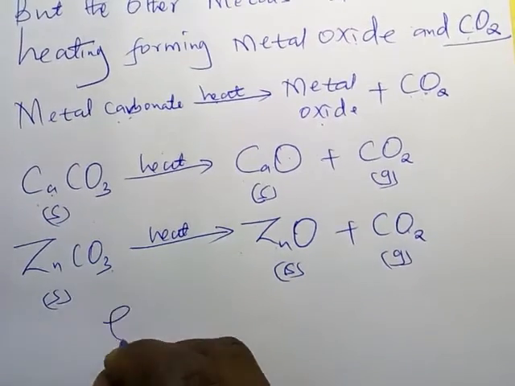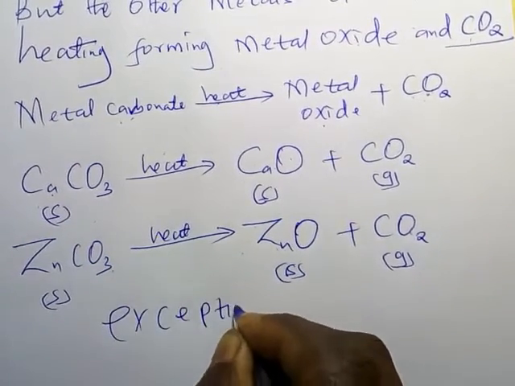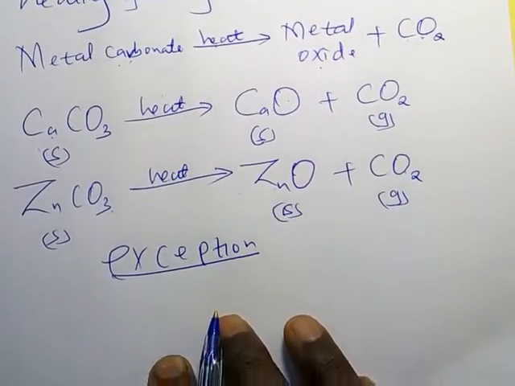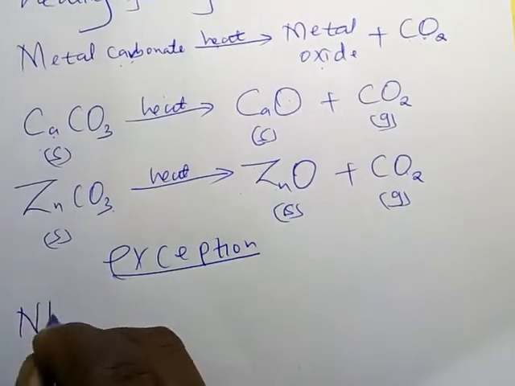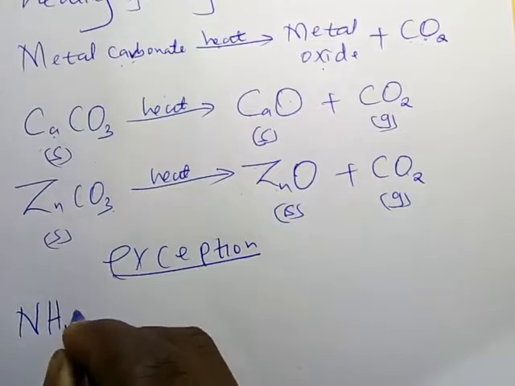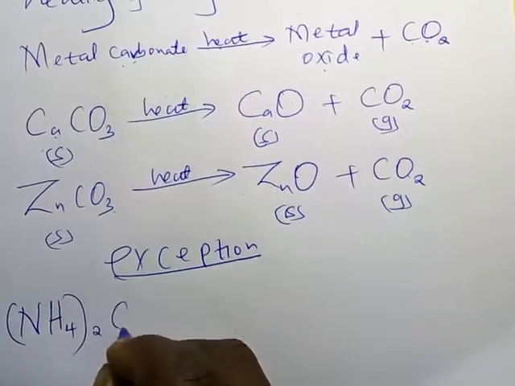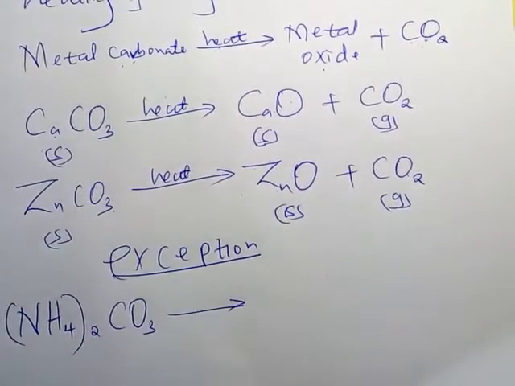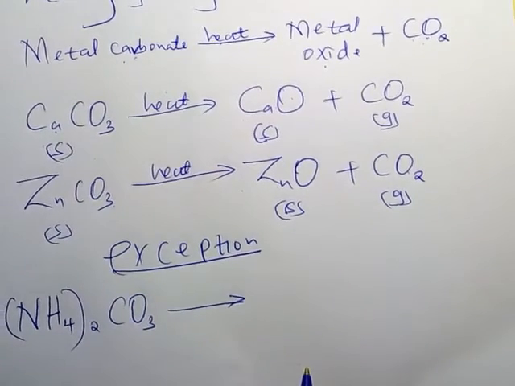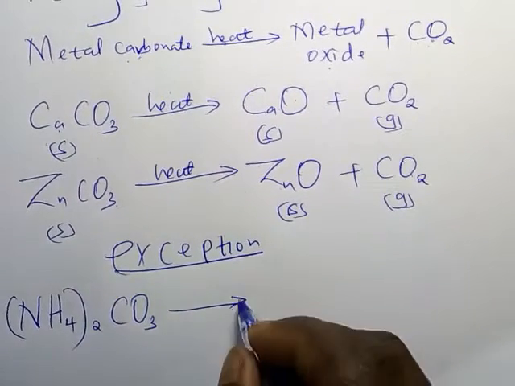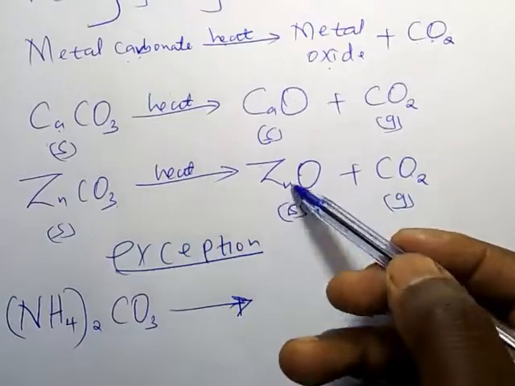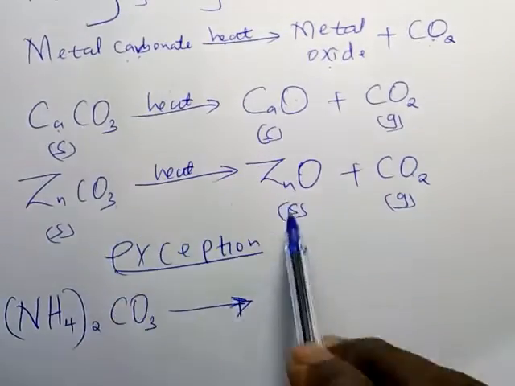There is an exception. We want to look at the exception. The exception is ammonium carbonate. When ammonium carbonate is heated, the products formed are not the same as the ones formed when metal carbonates are heated.